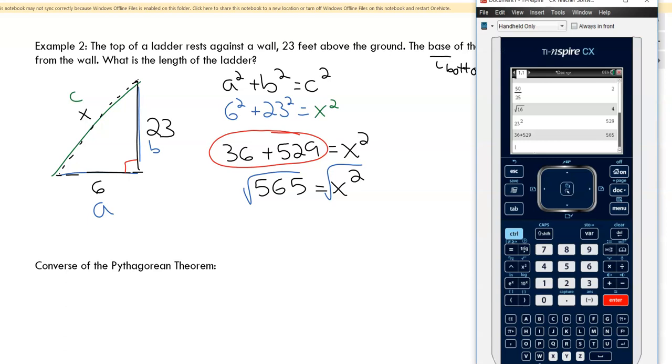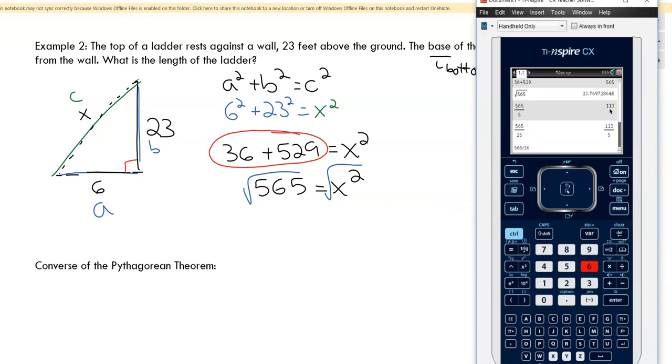And then, can I take the square root of 565? No. So I'm going to look for a number. Perfect squares, I'm thinking like 25, and 25 doesn't go into it. When I divided by 5, I got 113, so I don't think there's any perfect square that goes into it.